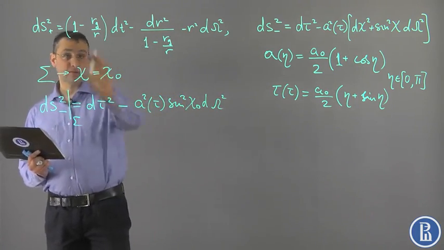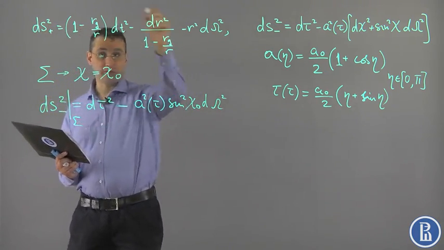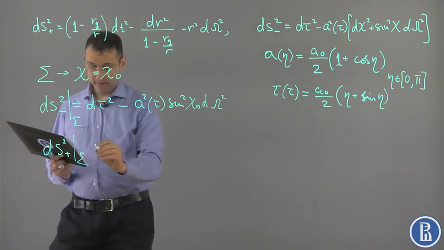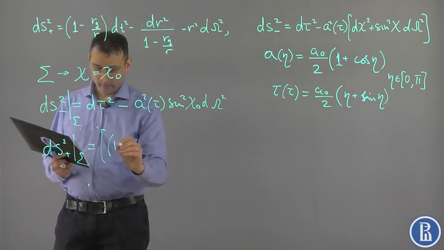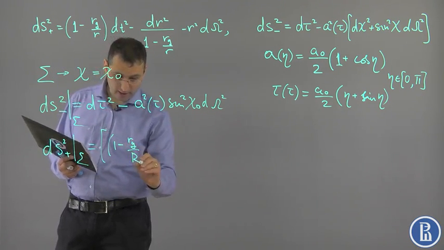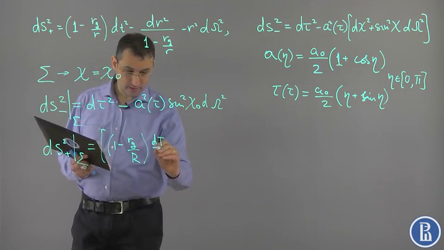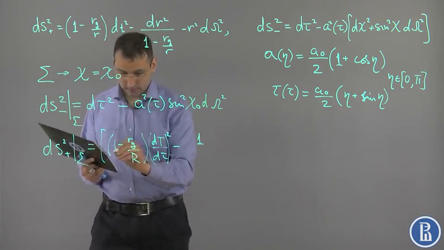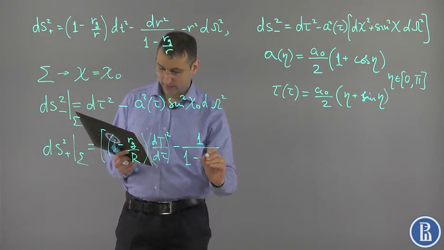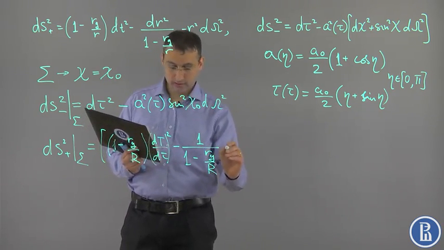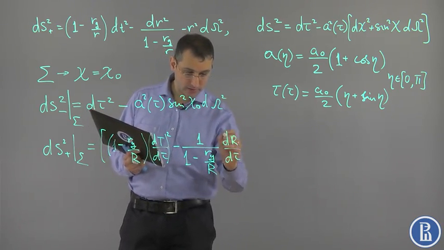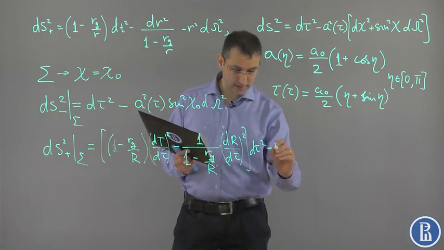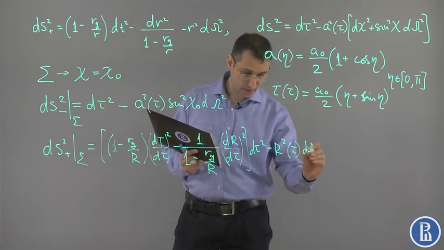At the same time, the metric on this surface sigma, from the point of view of the Schwarzschild metric, is just ds squared on sigma equals (1 minus rg over r)(dt over d tau) squared minus 1 over (1 minus rg over r) (dr over d tau) squared, times d tau squared, minus r squared of tau d omega squared.